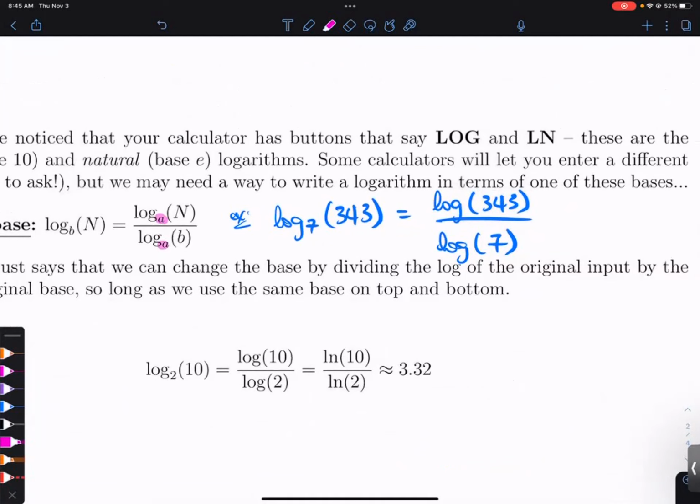So when you change it, you just change to some other thing that you know how to do. I don't have a calculator button for the log base 7, but I do have it for the common log or the natural log. So you could have done ln here on top and bottom also, or instead. So I just do the log of the thing I wanted in the first place and divide by the log of the original base. And when you do that, you should get 3.